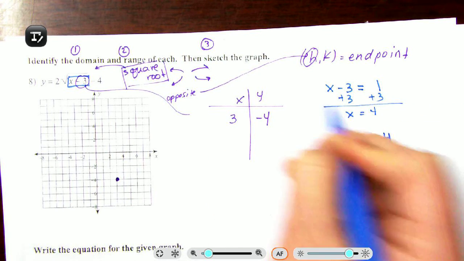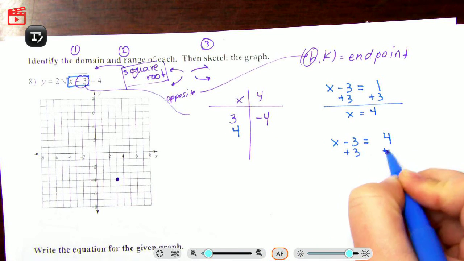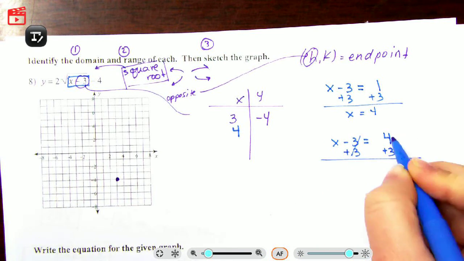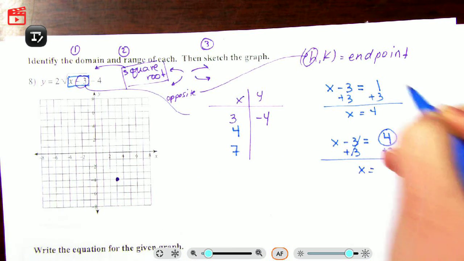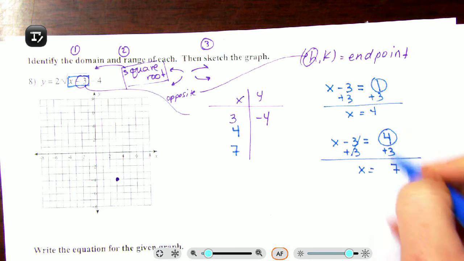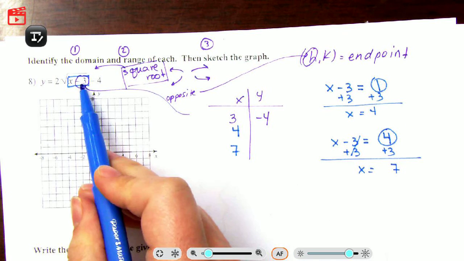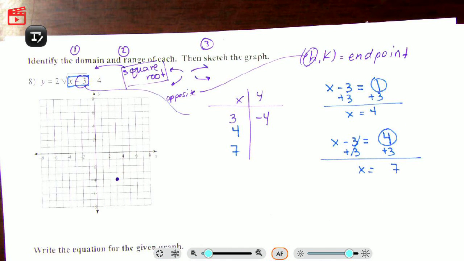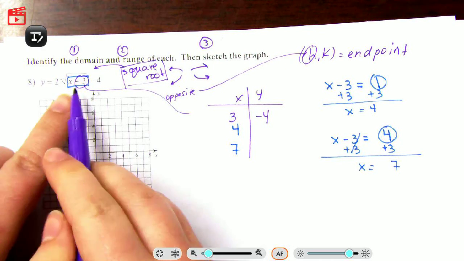So I know x is equal to 4, and x is equal to 7. This way, I know the square root of 4, and I know the square root of 1. So by doing it this way, I know what x has to be, so that underneath my radical, it can be a good, pretty number that I can take the square root of. Okay, let's continue.